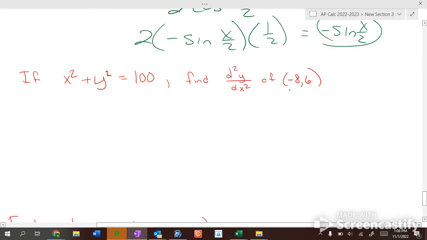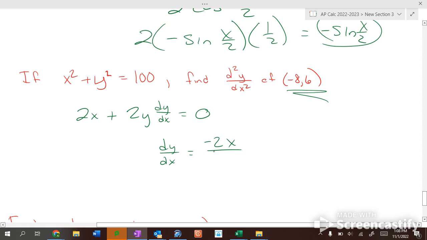Find the second derivative of this at negative 8, 6. So the first derivative of this would be 2x plus 2y dy dx equals 0. So dy dx equals, move the 2x over, and then divide by the 2y. 2's cancel, so dy dx equals negative x over y.